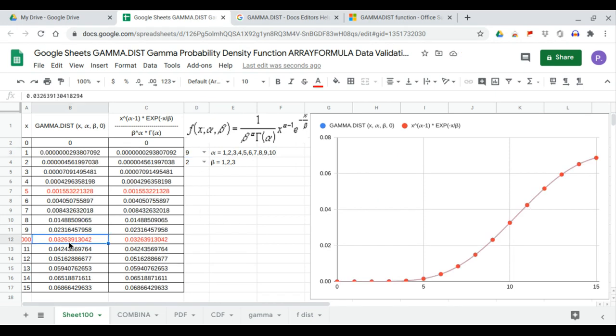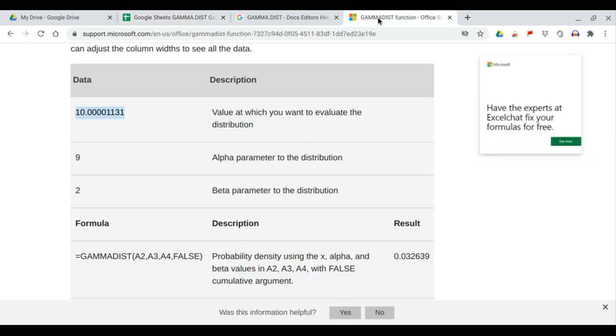So our value for gamma distribution is 0.0326391. It should be 0.0326339.